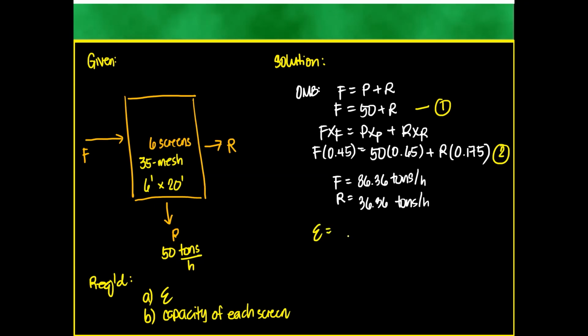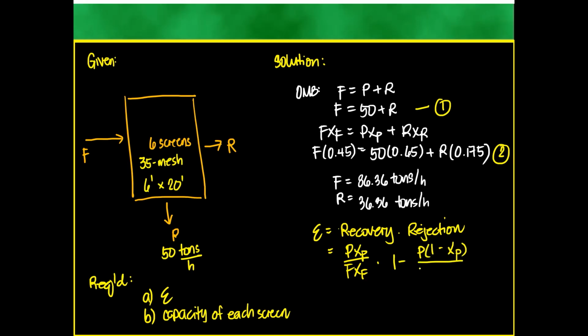We can just basically say, as I have said earlier, the efficiency is the recovery multiplied by the rejection. So for the recovery, it's P XP over F XF, multiplied by the rejection, which is 1 minus P XP over F 1 minus XF.